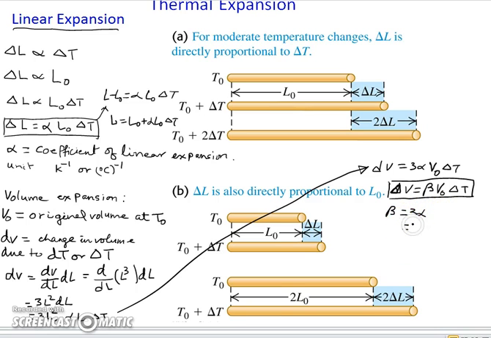You can think of it as the coefficient of volume expansion, right? Okay, so this is the formula we got for volume. Great.